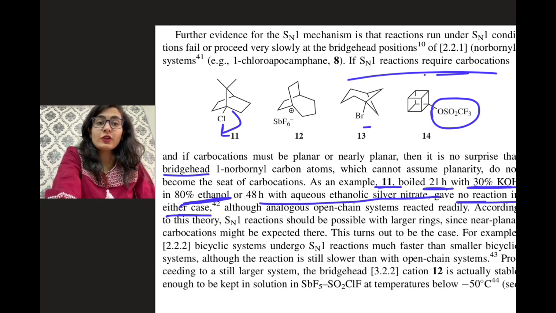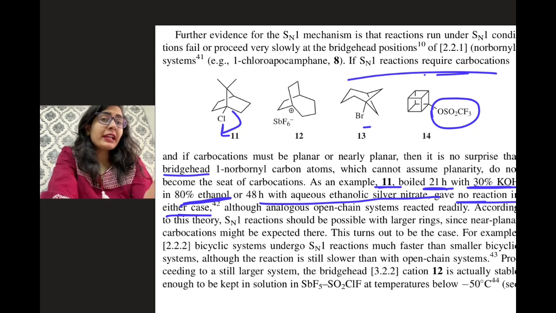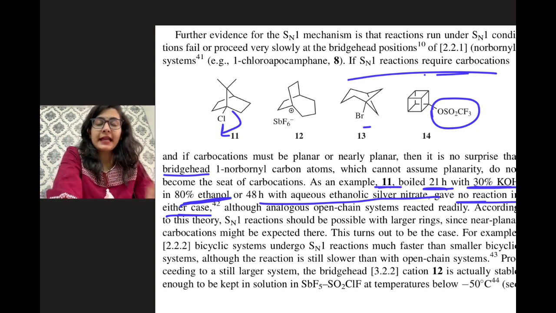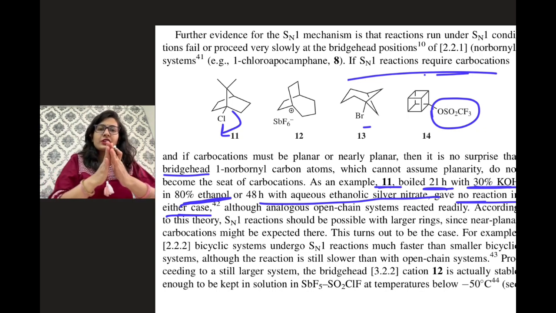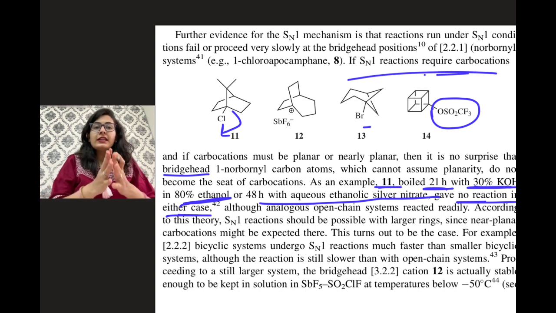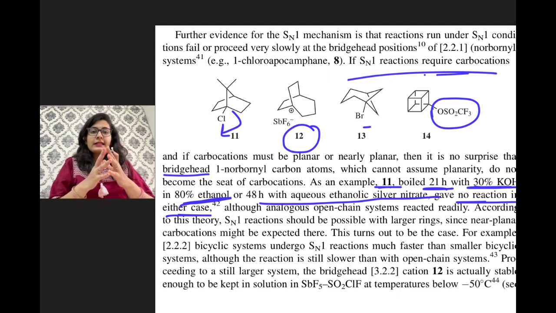Or SN1 is also very hindered because the carbocation which is formed will not be planar. If the ring is too small, then it will try to stretch out, and it cannot stretch out, it cannot become planar like this. But the ring is bigger. For example, example 12. The ring is a little bit bigger and more flexible.